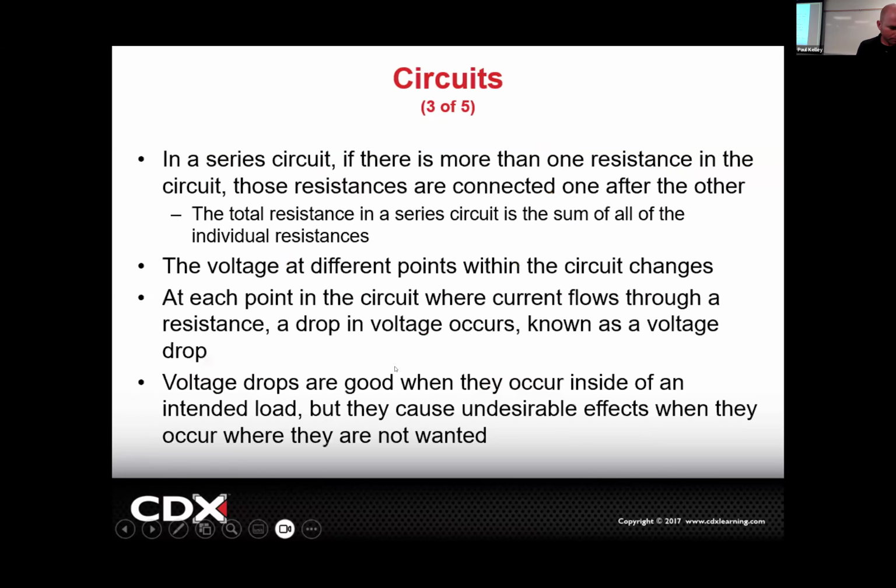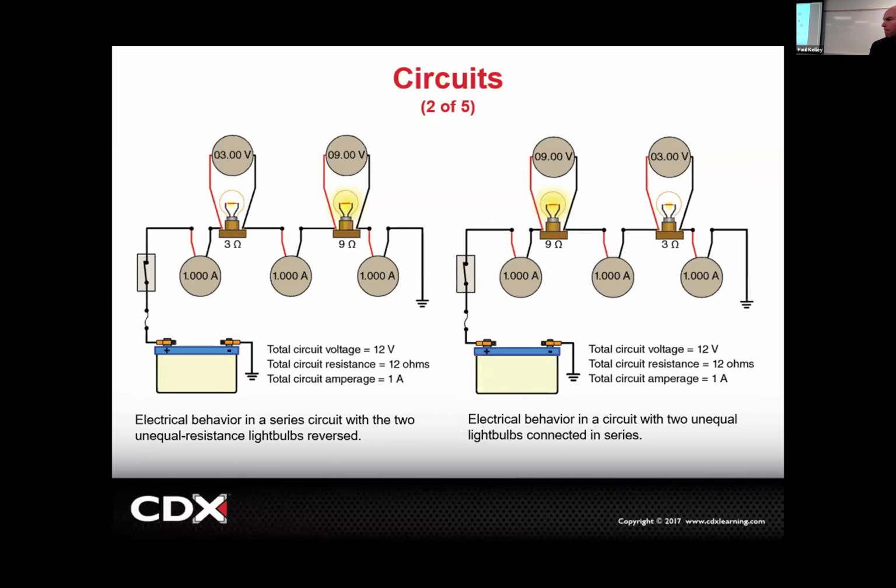Okay, makes sense? And then the voltage at different points is going to change. And at each point where current flows through a resistance, a voltage drop occurs. A drop in voltage or a voltage drop, it's the same thing. Right? So if we back that up, current was flowing and there was resistance here. Would you agree? How much?